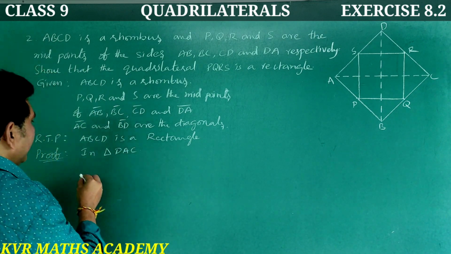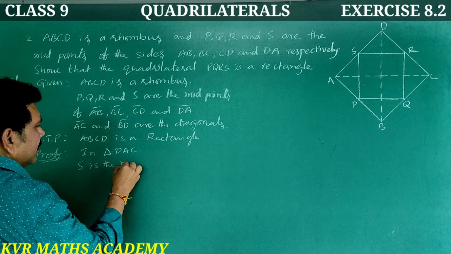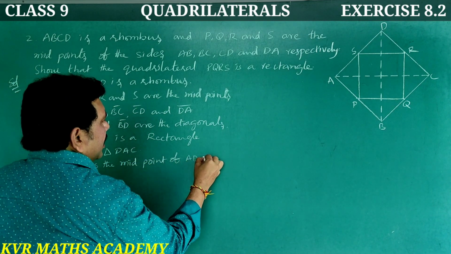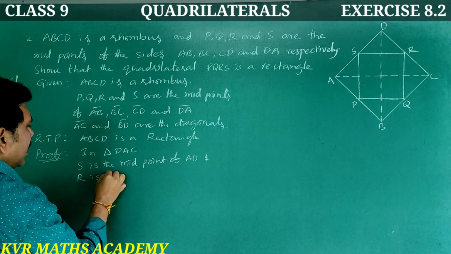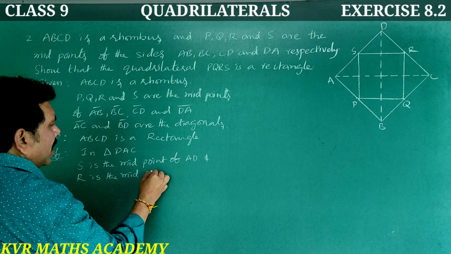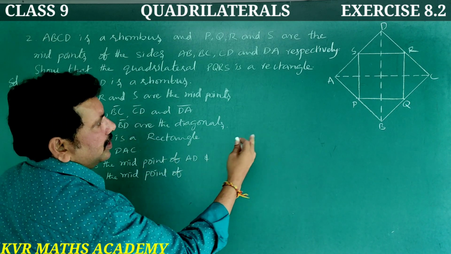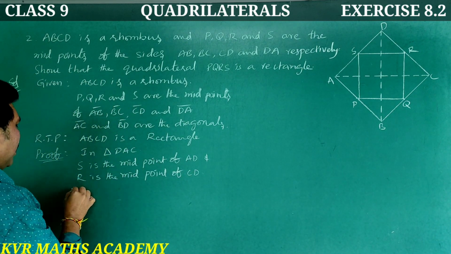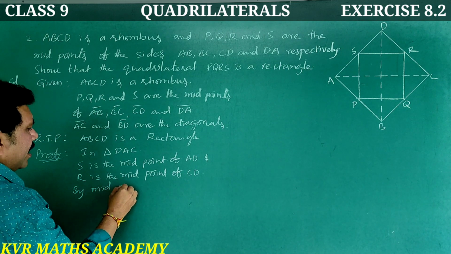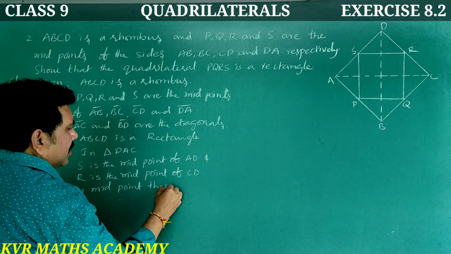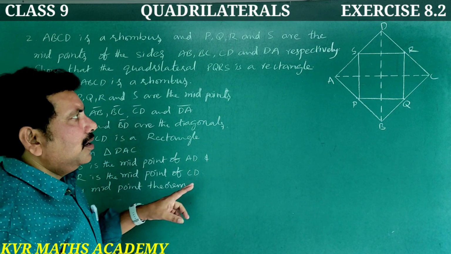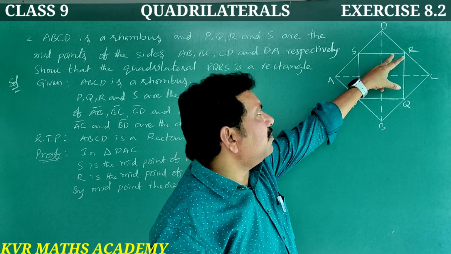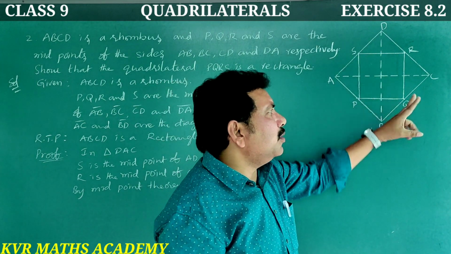S is the midpoint of AD and R is the midpoint of CD. Right? Yes. By midpoint theorem, yes, look here, the line segment which is joining midpoints of two sides of a triangle is parallel to the third side.